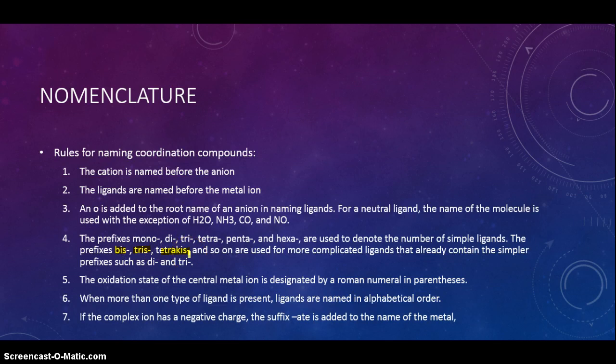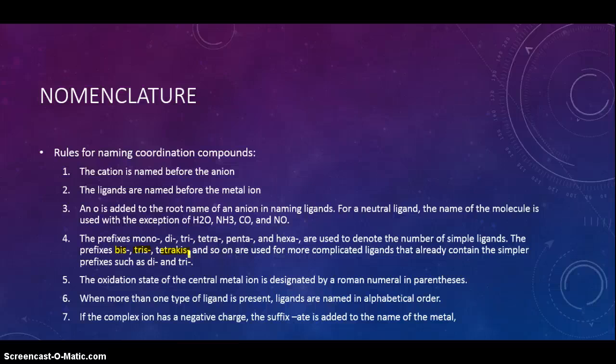For the oxidation state, the oxidation state of the central metal ion is designated by a Roman numeral in parentheses, and when more than one type of ligand is present, ligands are named in alphabetical order, and the prefixes do not affect the order.